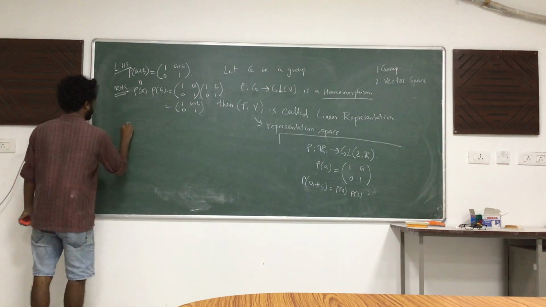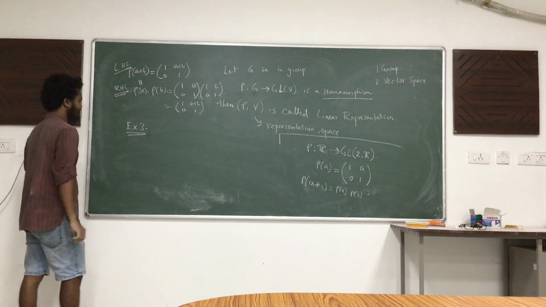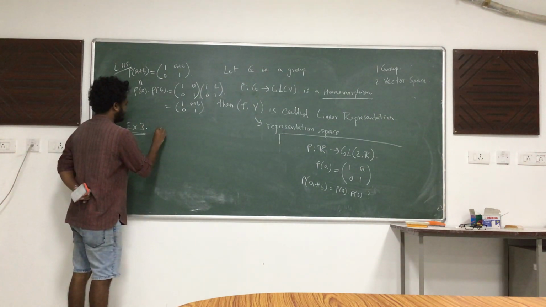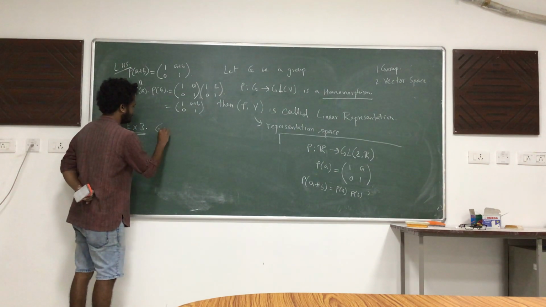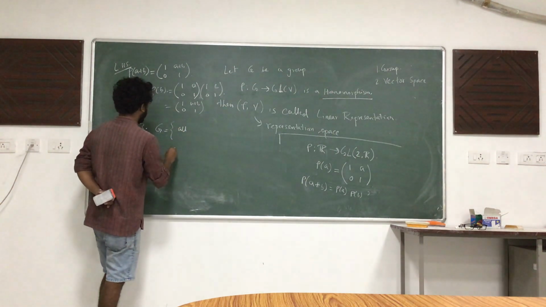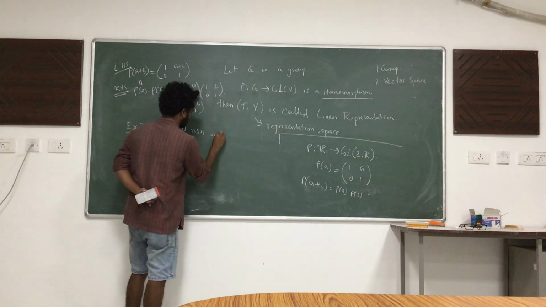Example 3. Let us say we want to give a representation, let us say, of all n cross n unitary matrices.